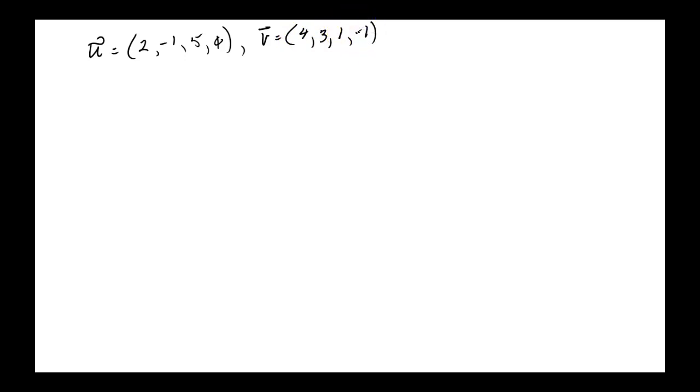That's a 4 space. W is -6, 2, 0, 3. Let u, v, and w be vectors in R superscript 4.